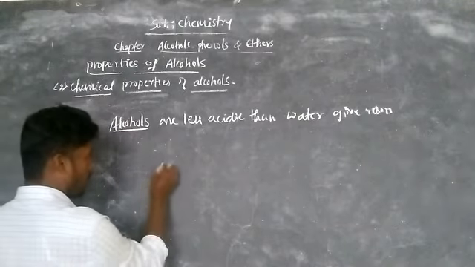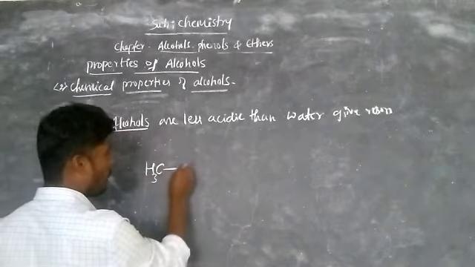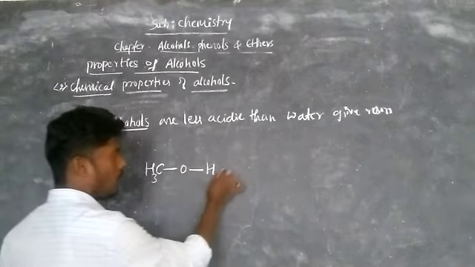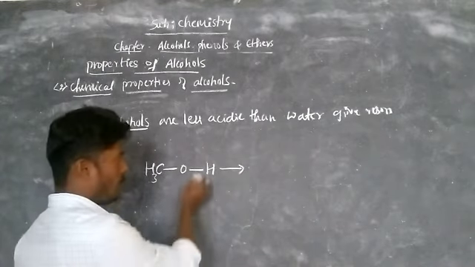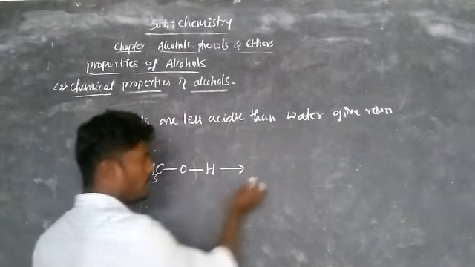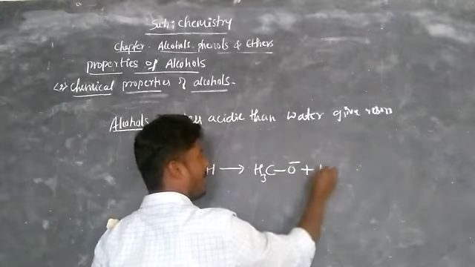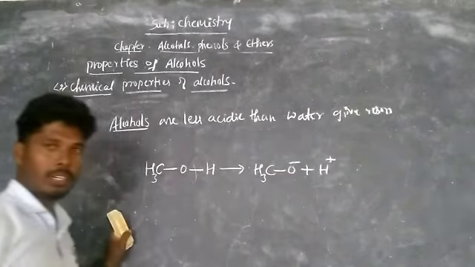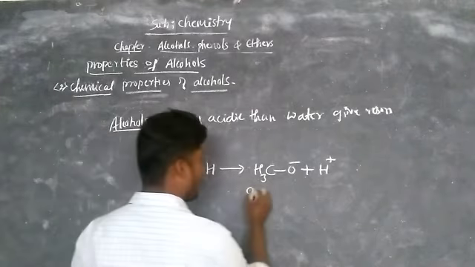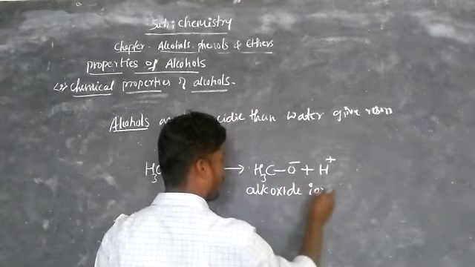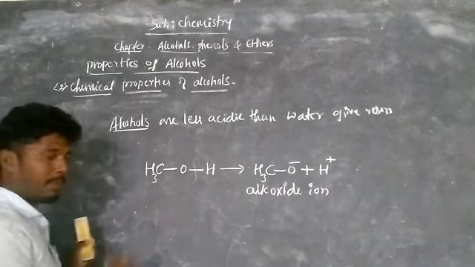See, the alcohol CH3-OH, this is alcohol. In this alcohol, after ionizing, means after cleavage of this O-H bond, you get CH3-O minus plus H plus. Here there is an alkoxide ion and H plus ion.